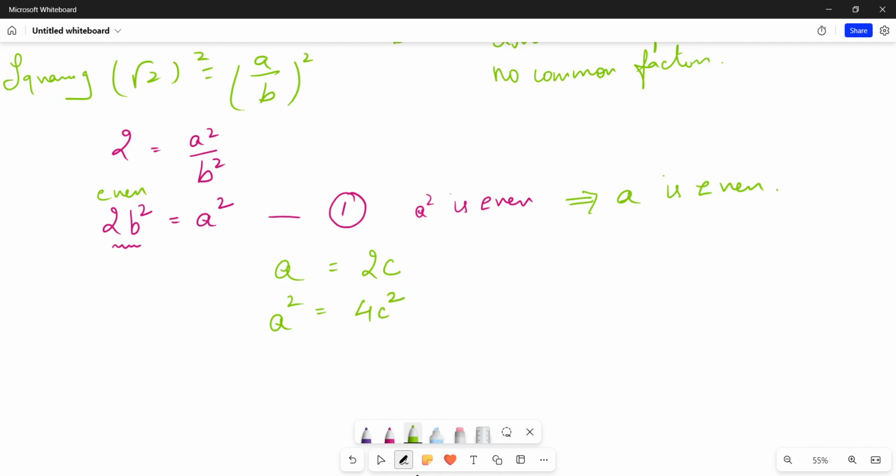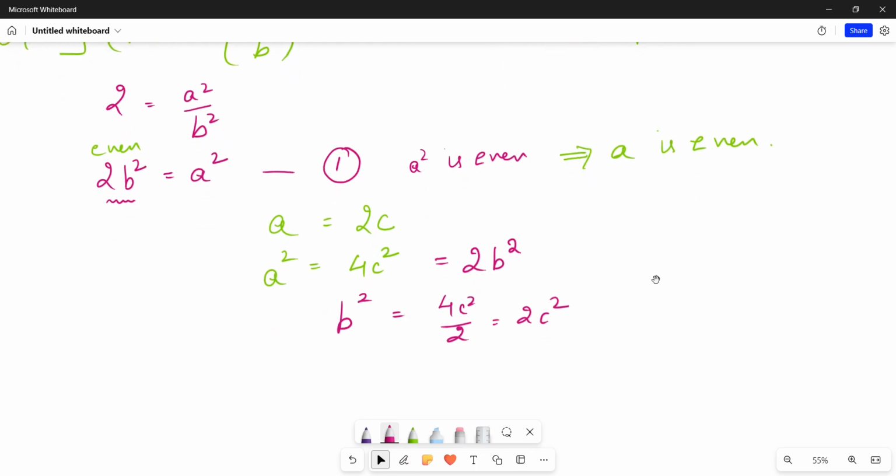We already know that a squared is equal to 2b squared from 1. So let us substitute that here. Since a squared is also equal to 2b squared, 2b squared is equal to 4c squared. Or I can rewrite this as b squared is equal to 4c squared by 2, or 2c squared. Now what does this mean?